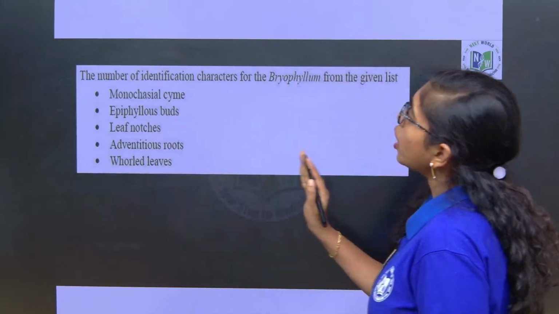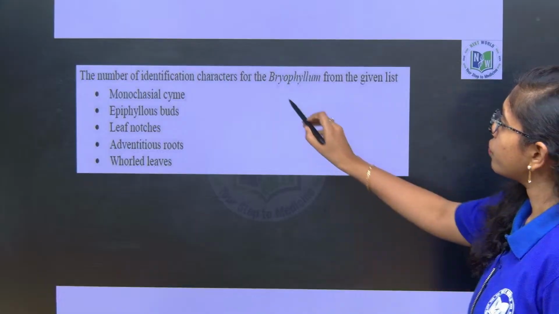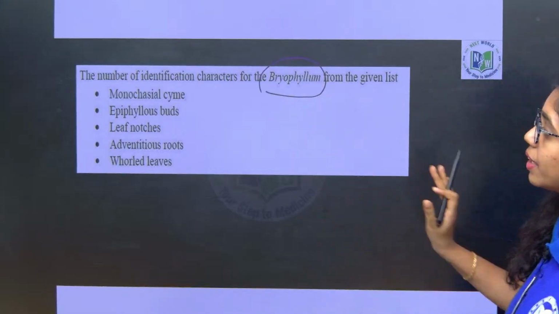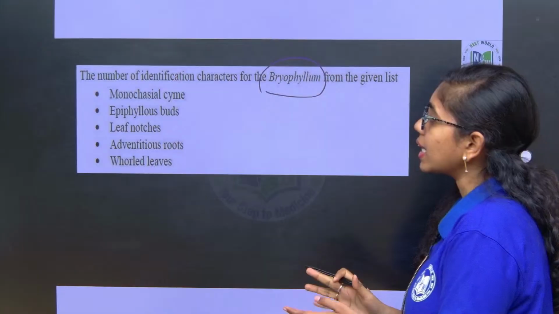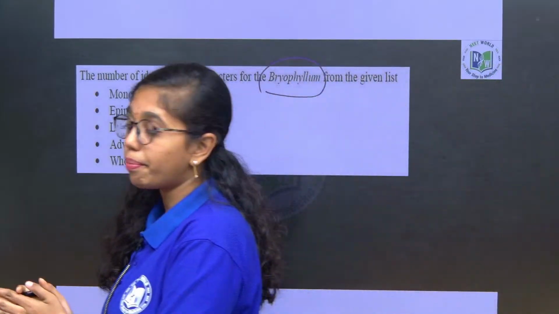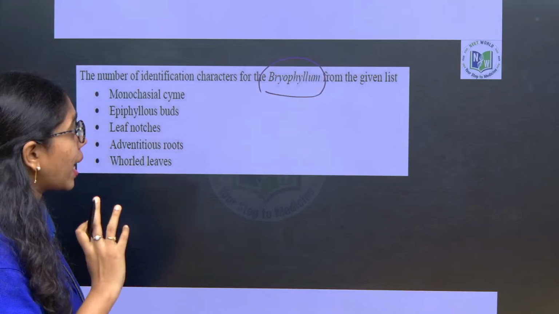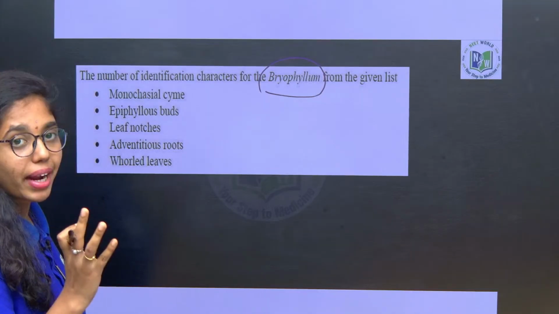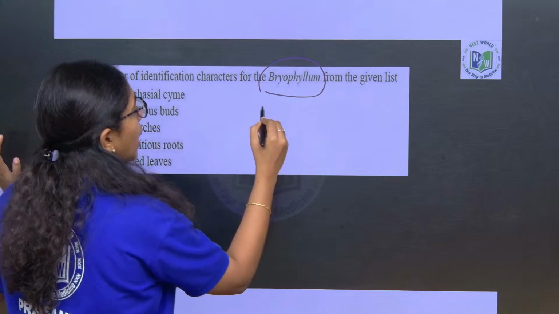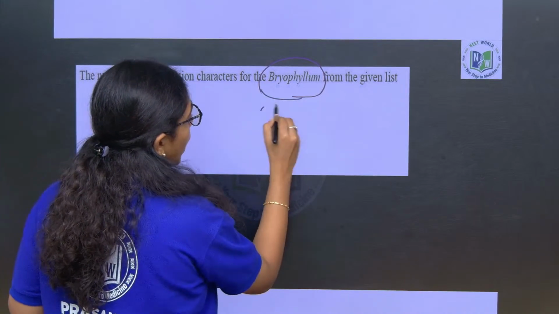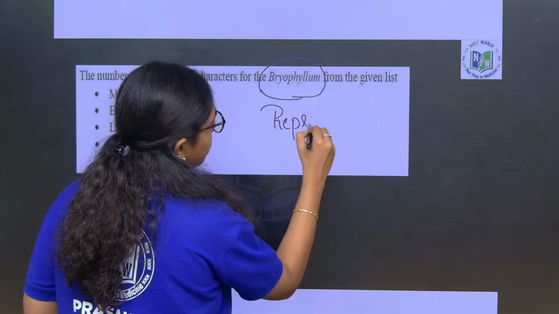Now, the number of identification characters for Bryophyllum from the given list. What are the identification characters of Bryophyllum they are asking. Immediately on listening to the term Bryophyllum, it should come to your mind, what types of leaves do Bryophyllum have? Reproductive leaves.